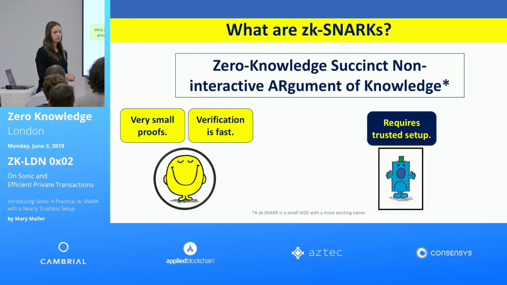When I say small proof sizes, I'm talking usually around 256 bytes. When I'm talking fast verification, it's usually just a number of pairing equations, which if you're verifying just one thing might be more expensive than other situations, but if you're verifying lots of things, then you only actually have to calculate the pairing once or twice, so it becomes very cheap.